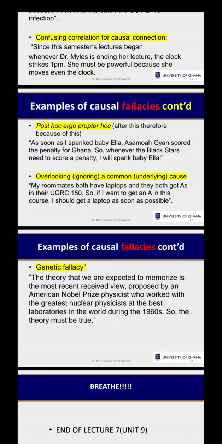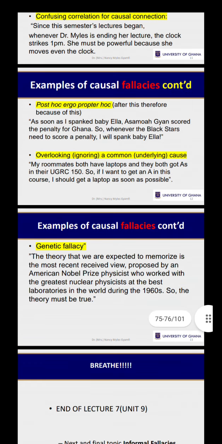It was a coincidence. So if you come and say that whenever the Black Stars need to score a penalty, you spank your baby, then it is post hoc ergo propter hoc.